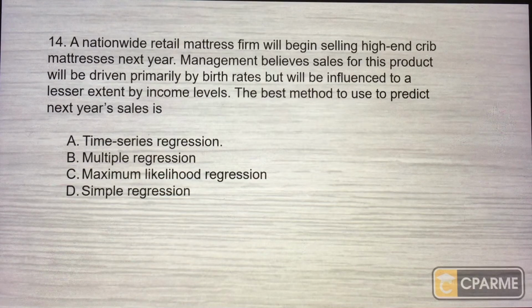So among these four choices, which is the best one? Kasi two drivers na dito, two independent variables, the birth rates and then the income level. Yes, that's right. It's multiple regression. Letter B.